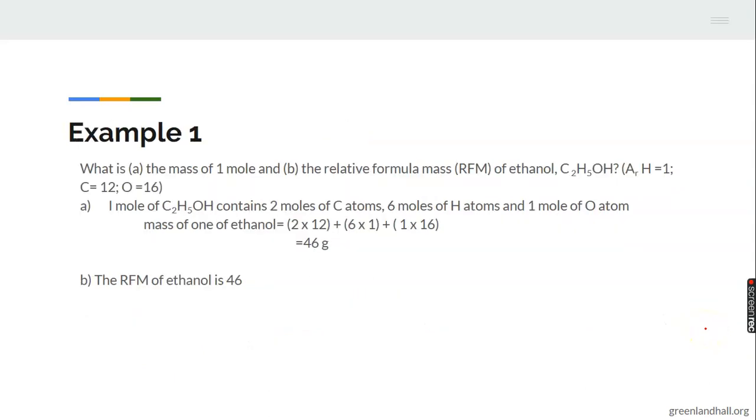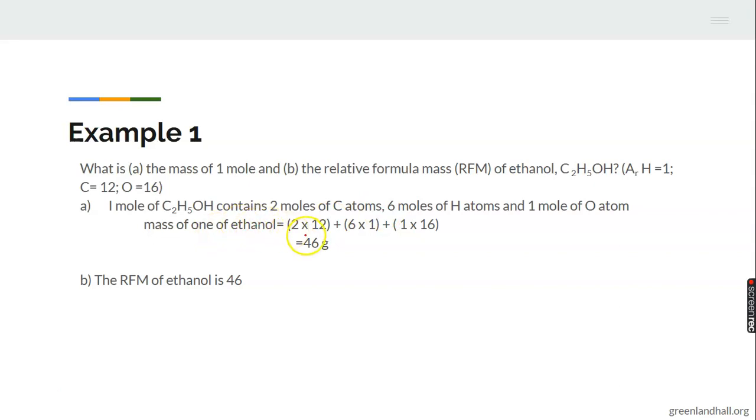So examples. We have example 1. You have to calculate A, the mass of 1 mole of ethanol, and B, the relative formula mass, RFM, of ethanol. Mass of 1 mole, how to calculate it? This is how to calculate.